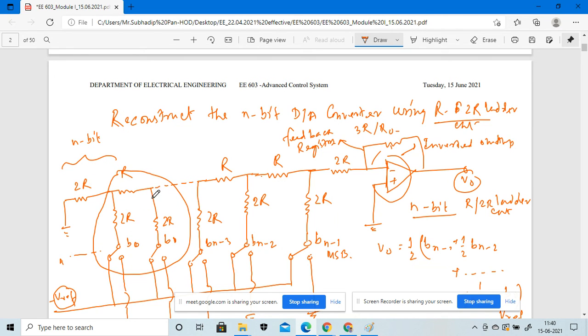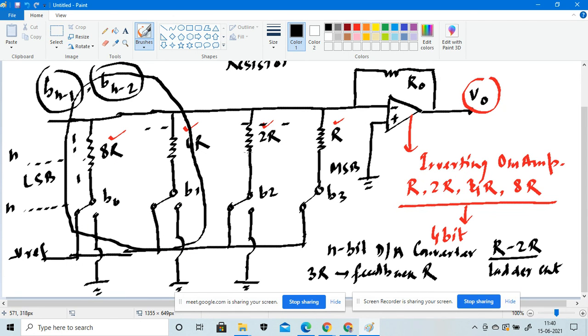So is there any change in the operation if we consider the reconstructional model of a D2A converter? That is my question. There will be two different types of resistors we are using. Here we were using the R-2R ladder circuit, and here we were using the weighted circuit, using R, 2R, 4R like a sequence, weighted circuit meaning a sequence type of resistors.